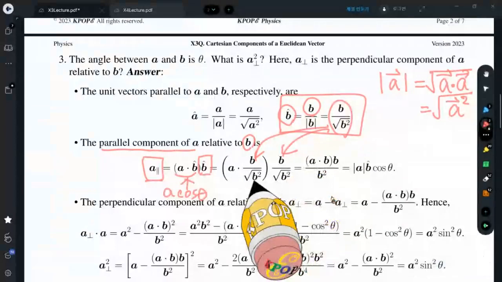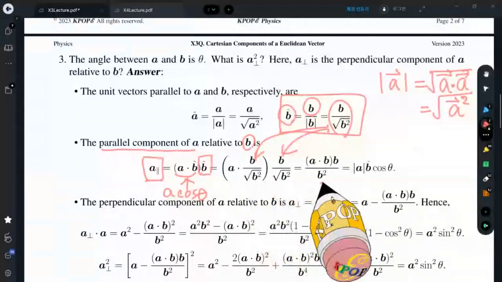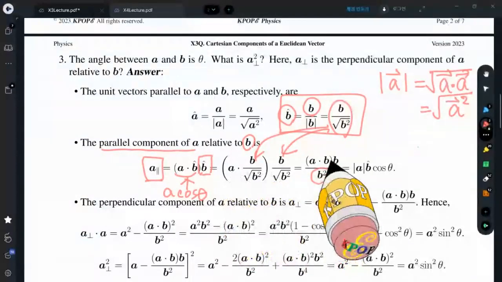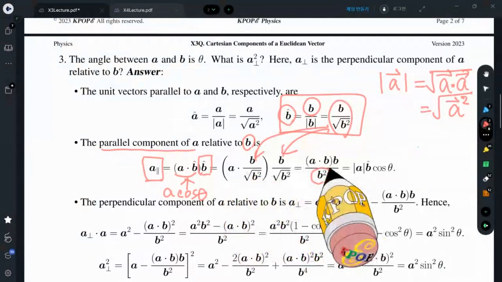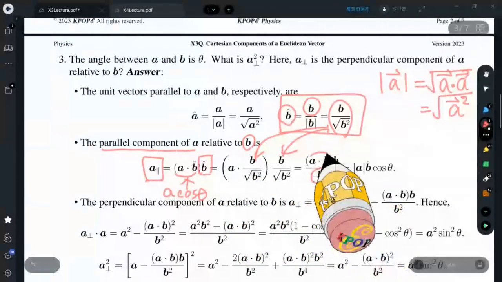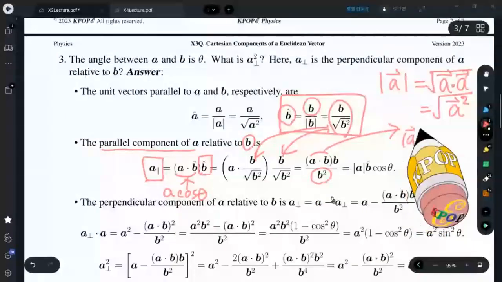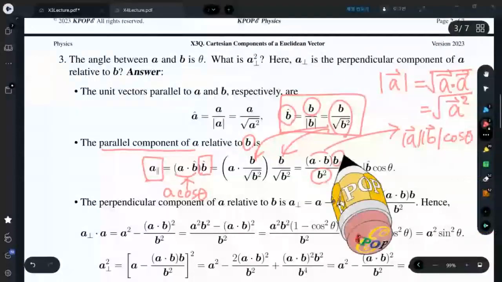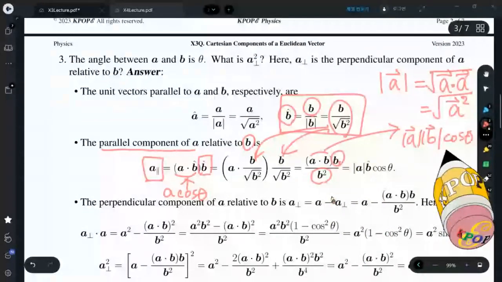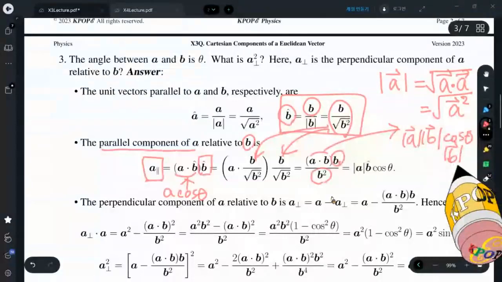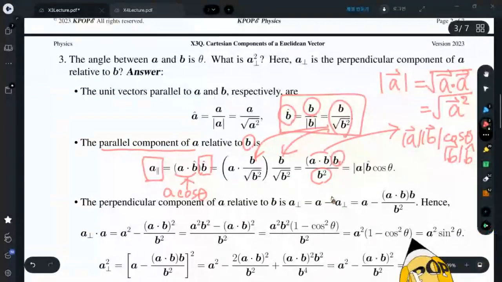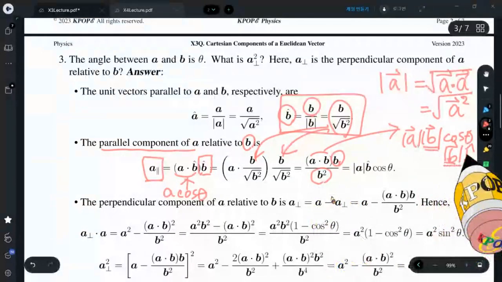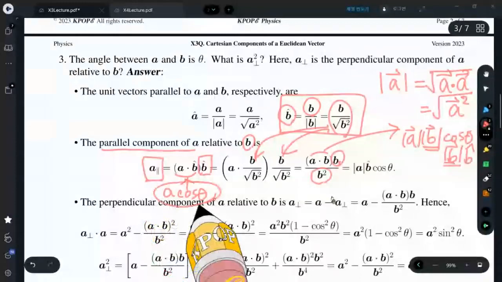Then the denominator becomes b squared, and we have a dot b here, and then b again. This brings in the product of magnitudes and cosine theta, and this one has the magnitude of b and the unit vector along the b direction. In the denominator, this will cancel, so it reproduces our original result.